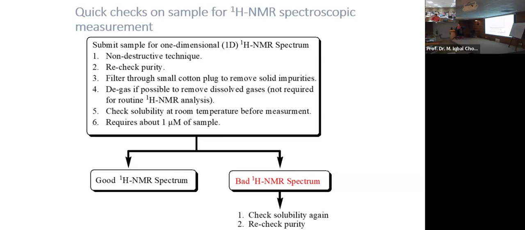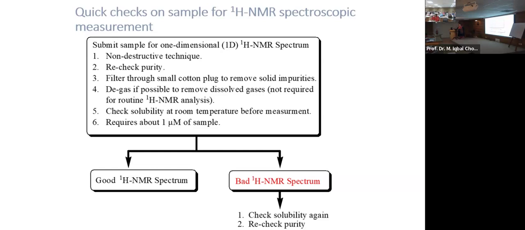NMR has more than 1,000 types of experiments. What we are doing here is just the routine, but you can study and ask that you want to do a particular experiment, and that's possible. There are more than 1,000 experiments in its library, and you can design your own experiments also.